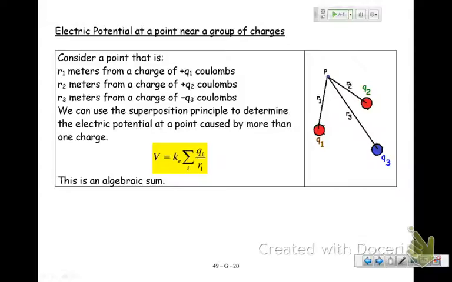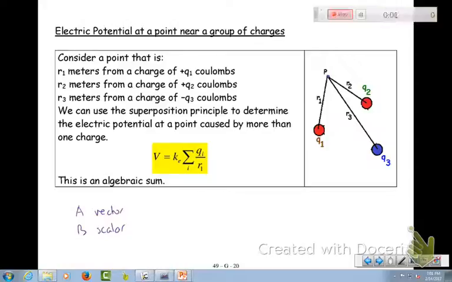What do you think? We might as well have a quiz. So A, vector. B, scalar. What do you think? So it's energy per coulomb. What do you think? Energy per coulomb.